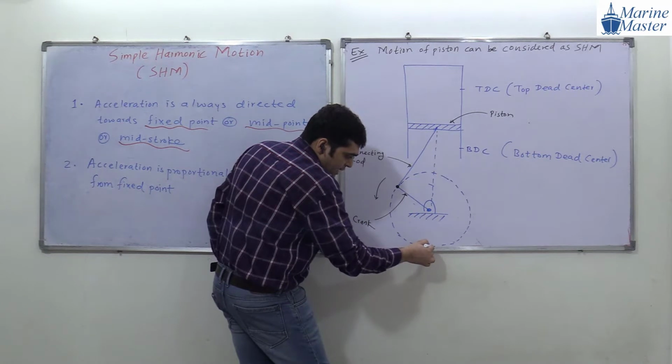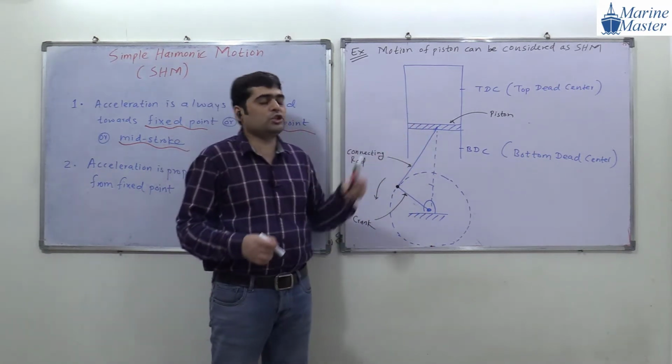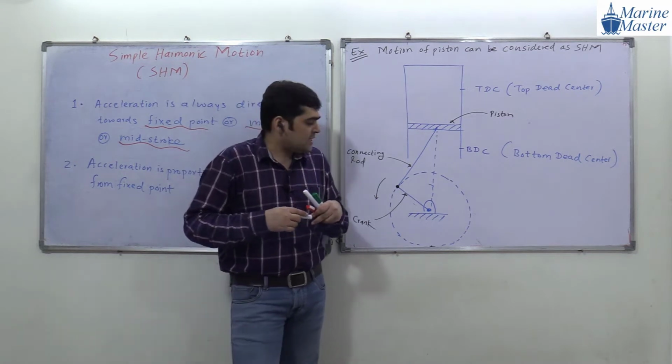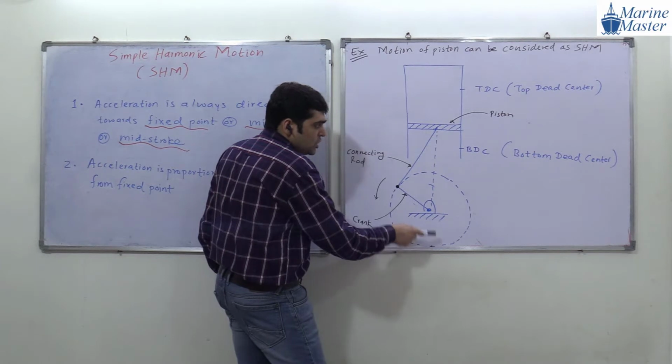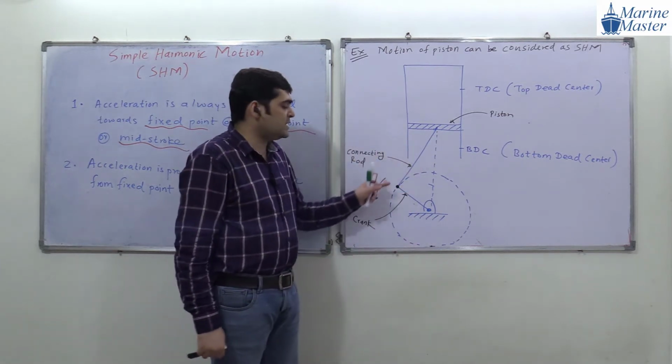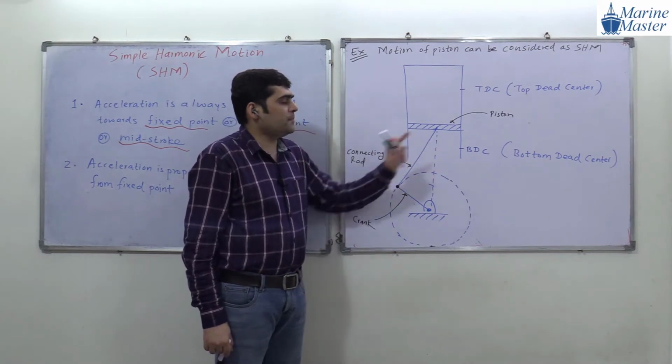At the bottommost location, what will be the position of the piston, everyone? Suppose the crank is at this position, at the bottommost position. What will be the position of the piston for this scenario? Position of the piston is at BDC.